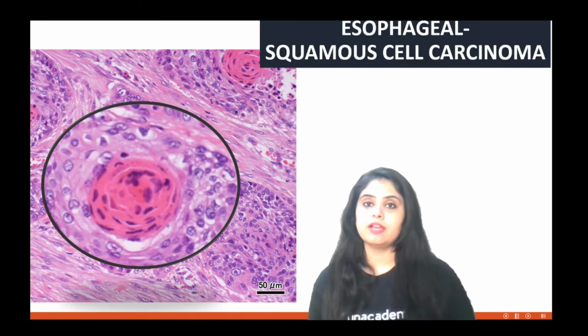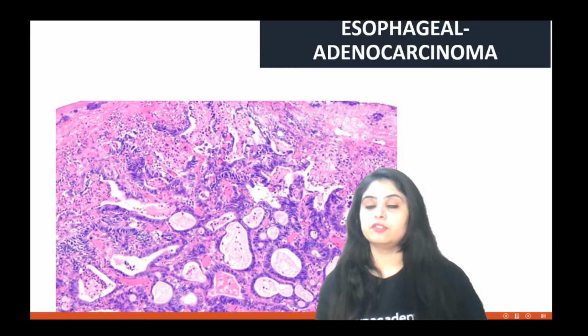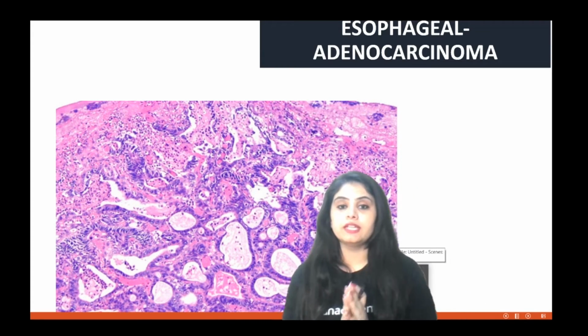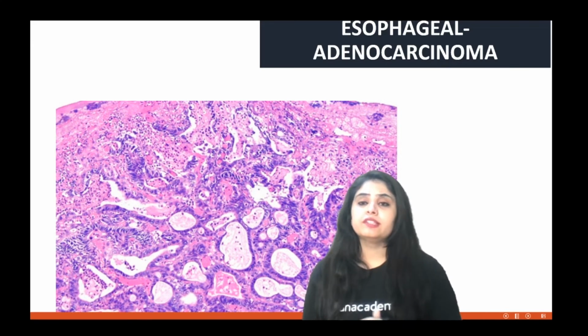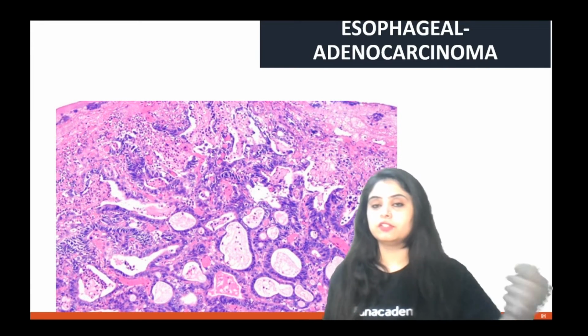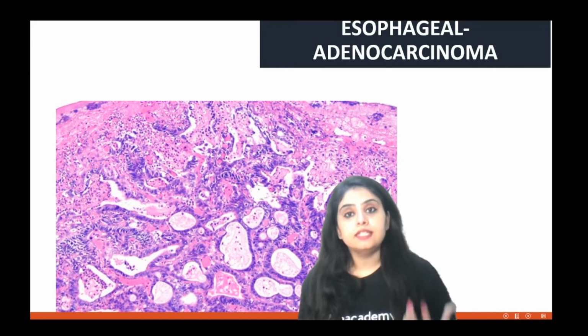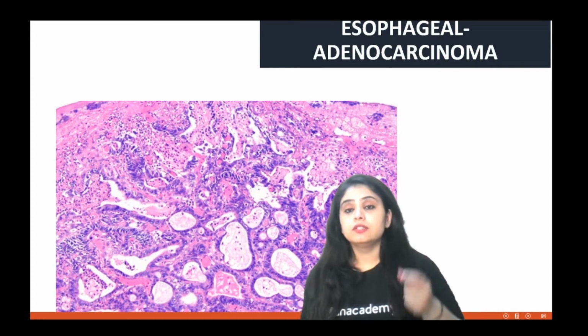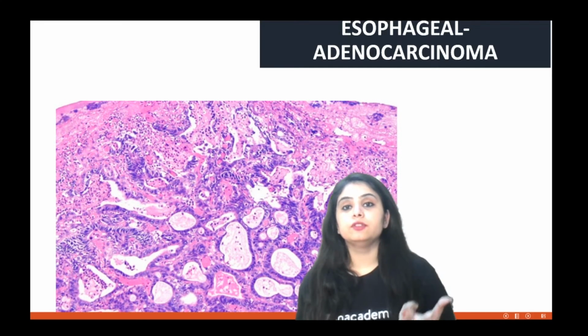The other cancer that you have for the esophagus, all of you know, is adenocarcinoma. Before I go on to the pathology and how to identify an adenocarcinoma, what you have to know is that the normal epithelium of the esophagus was squamous, so the cancer that could easily arise was squamous cell carcinoma. But here I'm talking about another cancer, adenocarcinoma. Basics of neoplasia, guys: the word adeno reminds you of glands.